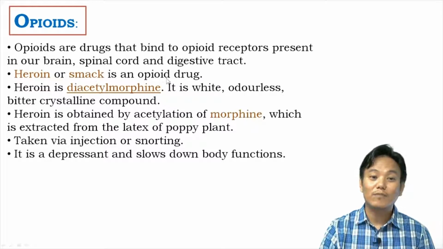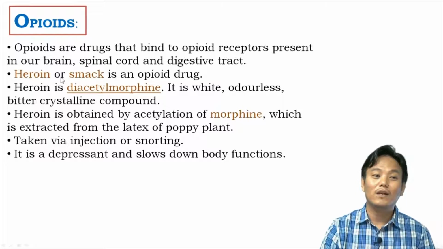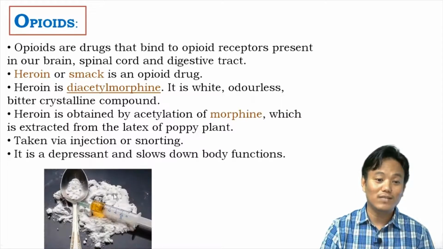One such example of an opioid drug is heroin, commonly called smack. Chemically, heroin is diacetylmorphine. It is white in color, odorless, without smell, and it is a bitter tasting crystalline compound. This drug is obtained by acetylation of morphine, another drug.